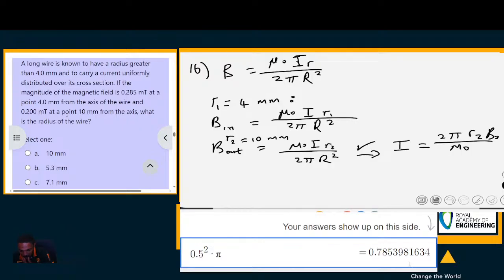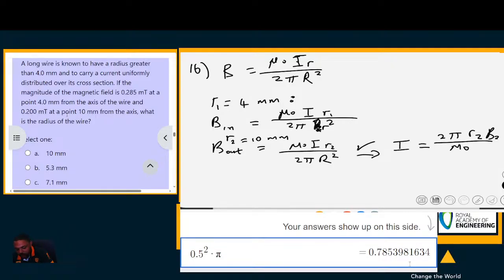Okay, or rather, this is not big R here, this is just small r because it's outside, so it's small r, R2.